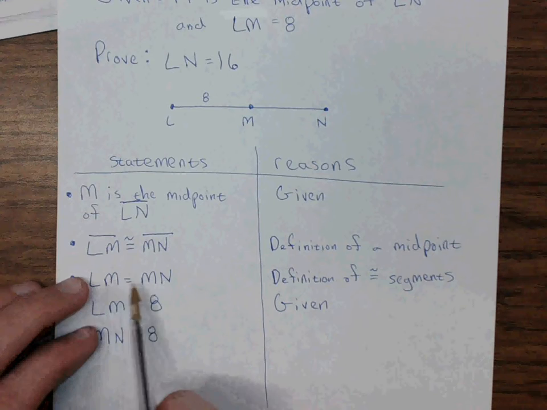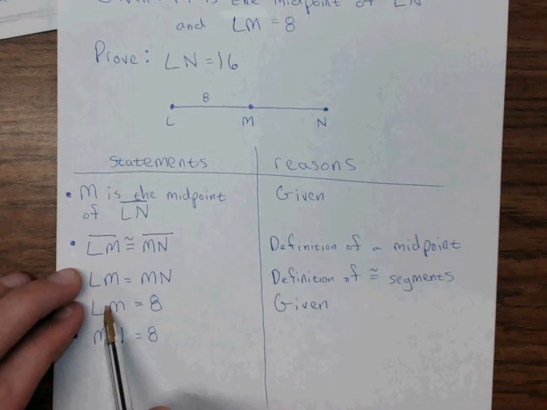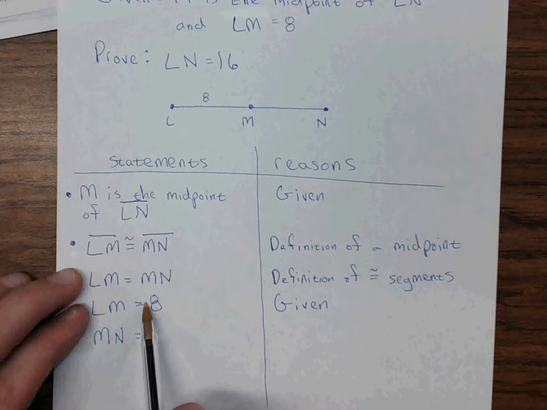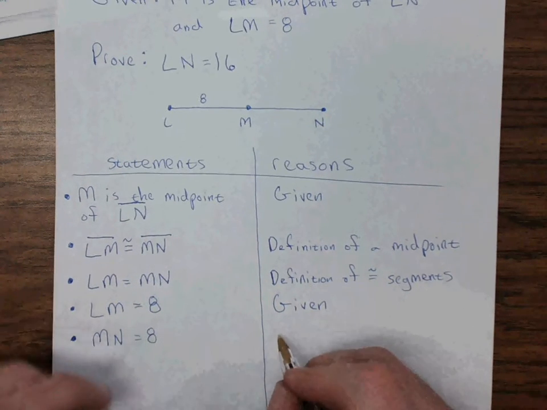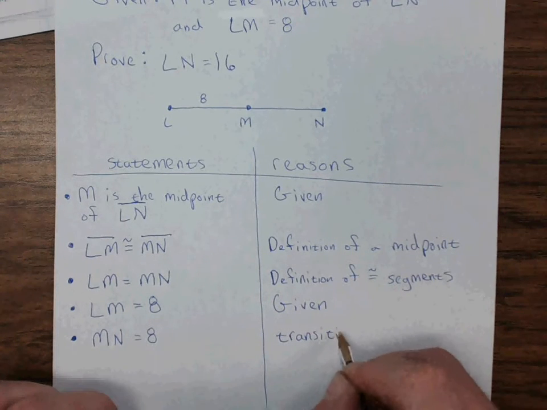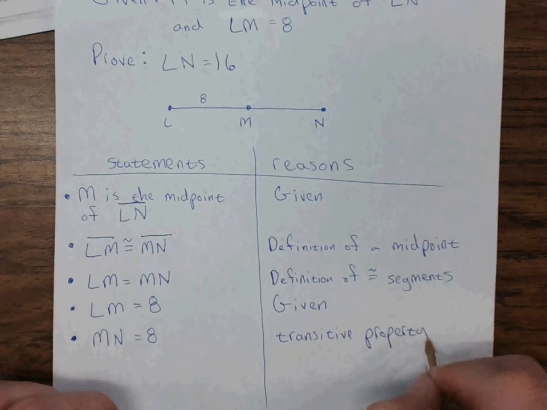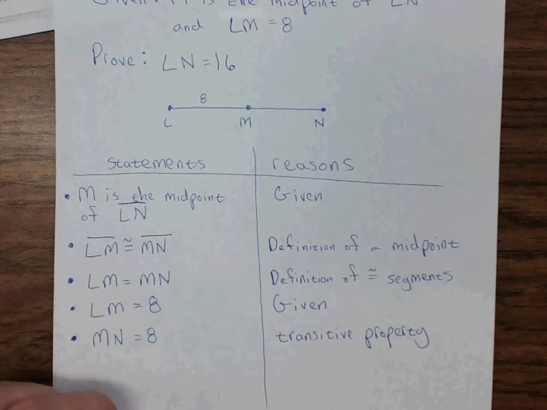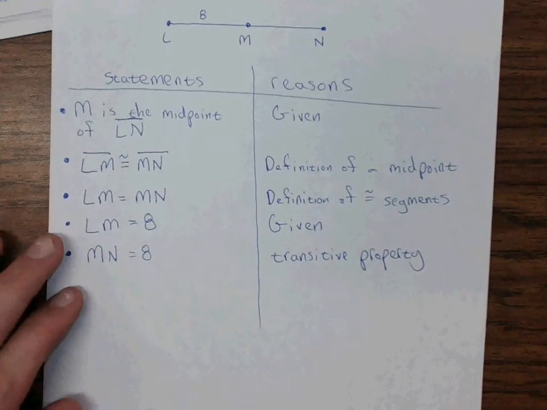If A equals B and A equals C, then B equals C. So I will write transitive property here. Though, to be perfectly honest, I don't know that I would count off if you said substitution.